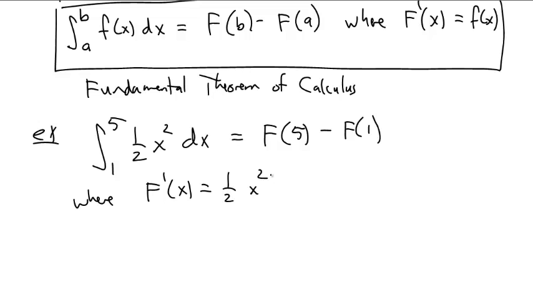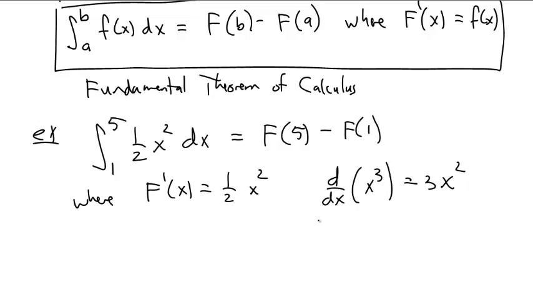And you think, whose derivative is 1/2 x squared? Well, you might think a little bit and you think, it's got to be something like x cubed, right? Because the derivative of x cubed is 3x squared. Ooh, that's 6 times too much, right? Because I get the right power of x, but the wrong coefficient. 3 is 6 times more.